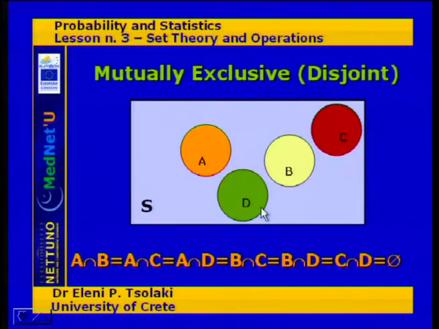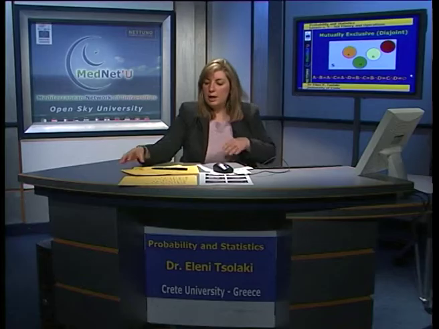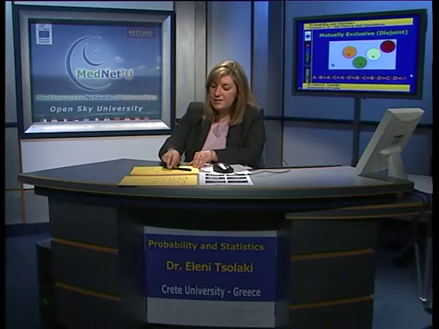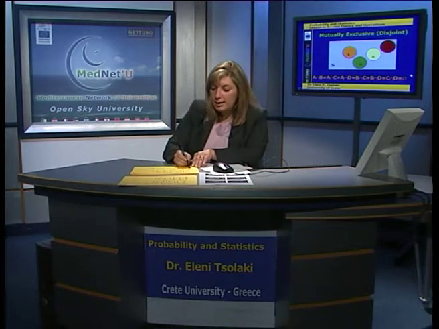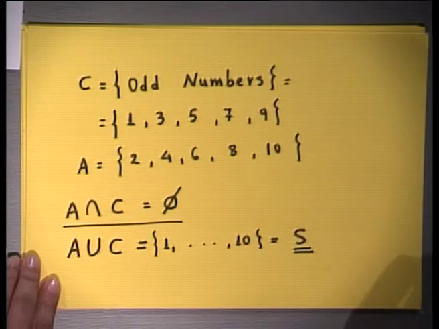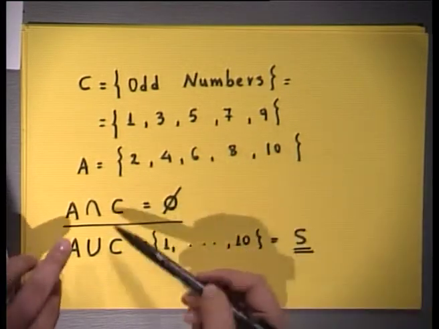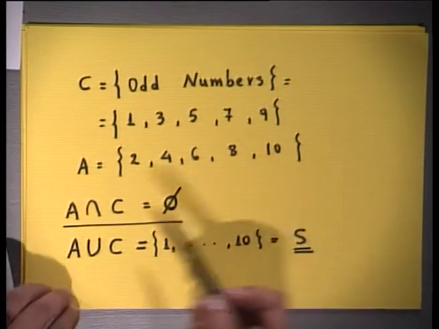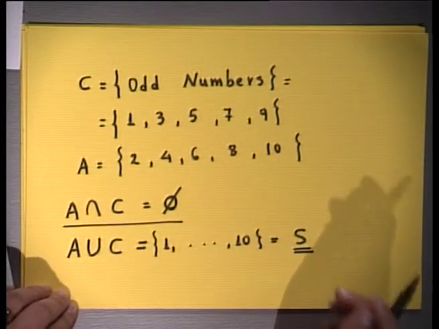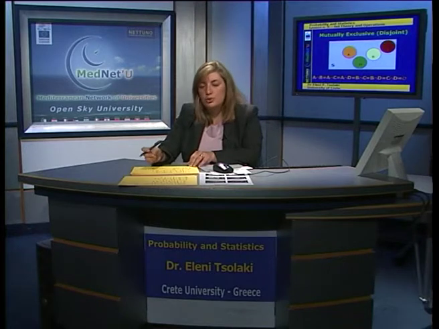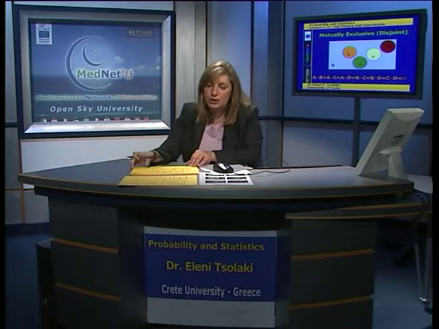And C with D is the empty set. So these events are called mutually exclusive. In our example, we have seen that A intersection C is the empty set, so they do not have any common elements, and they are called mutually exclusive or disjoint.